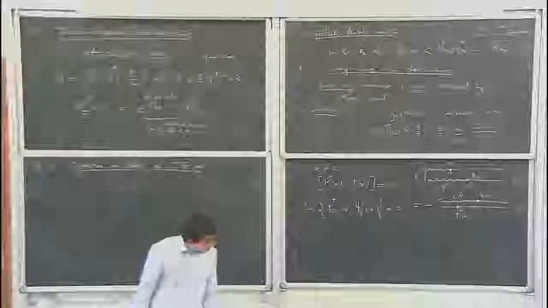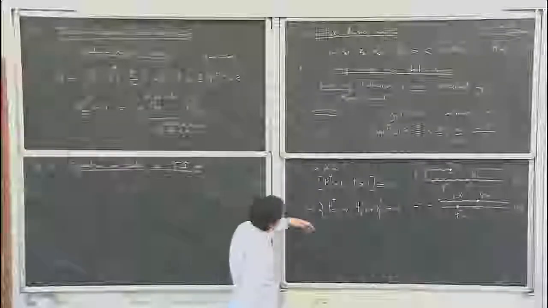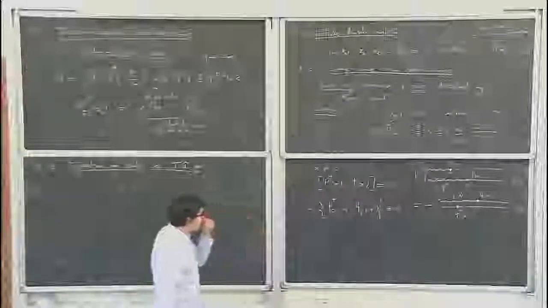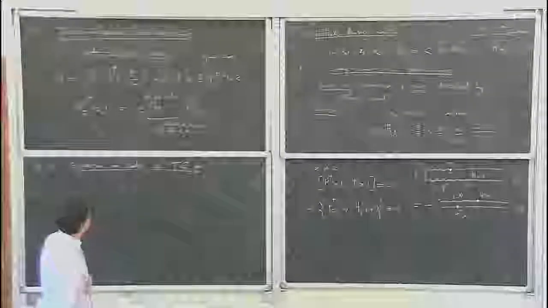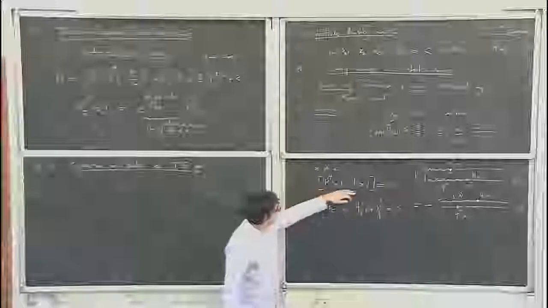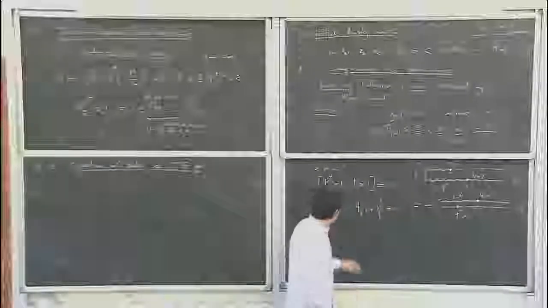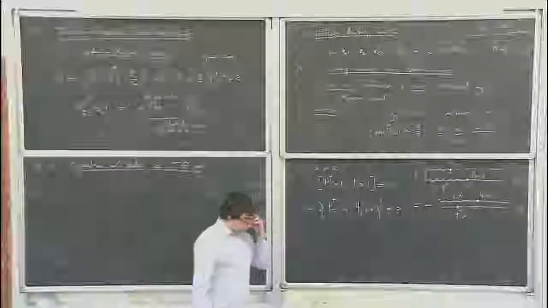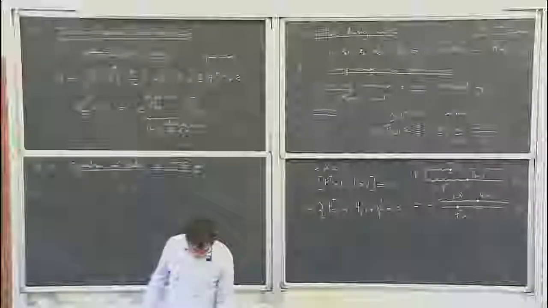In particular, the density of bosons is the same as the density of fermions. Why? Simply because the density is a quadratic operator in psi dagger psi, and so if you write it, the Jordan-Wigner string cancels.